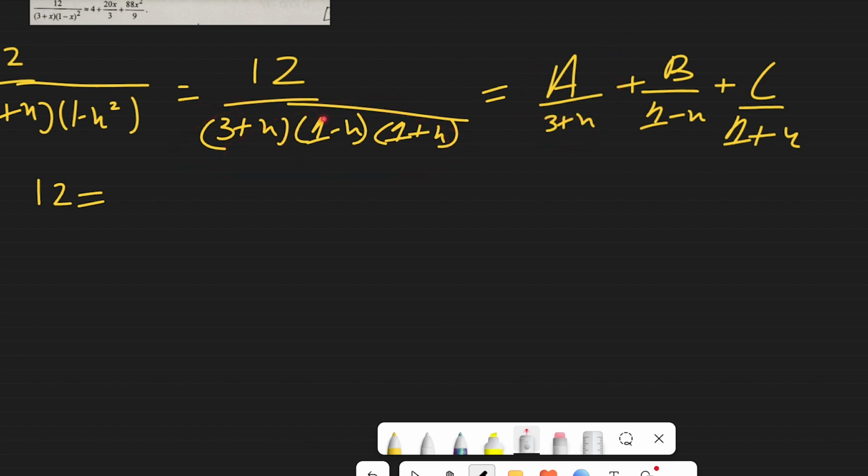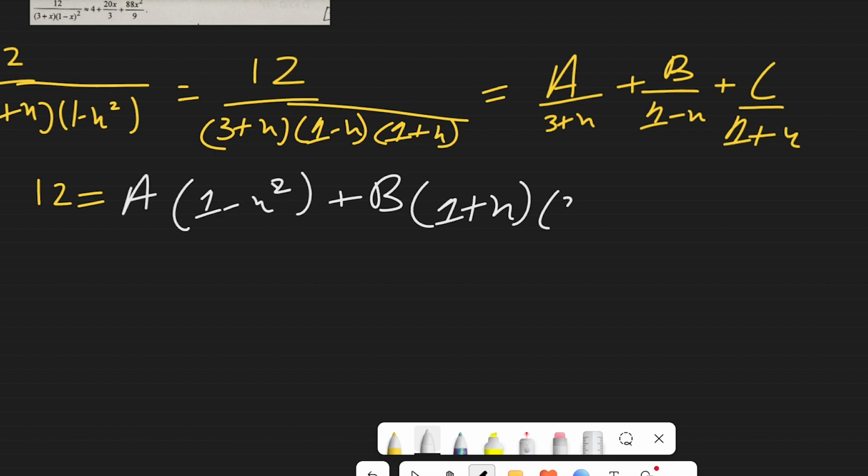Okay, so a into 1 minus x and 1 plus x can be written as 1 minus x square, plus b into 1 minus x cancels out, so 1 plus x and 3 plus x, and then we have c, which would be 1 minus x and 3 plus x.